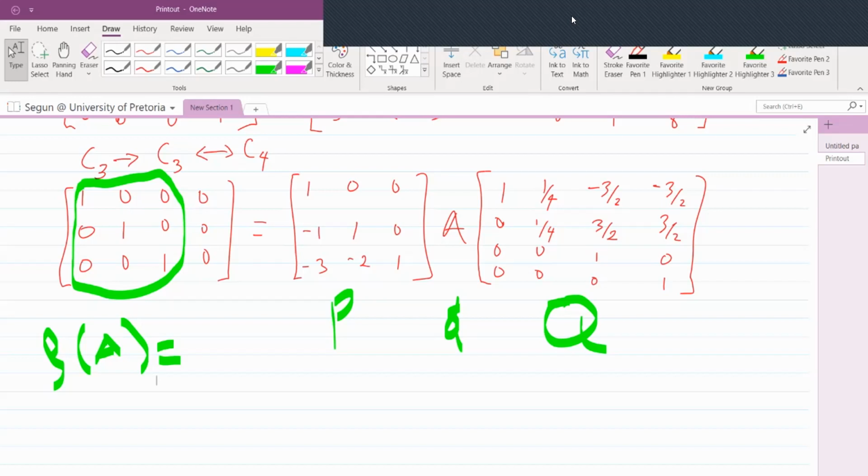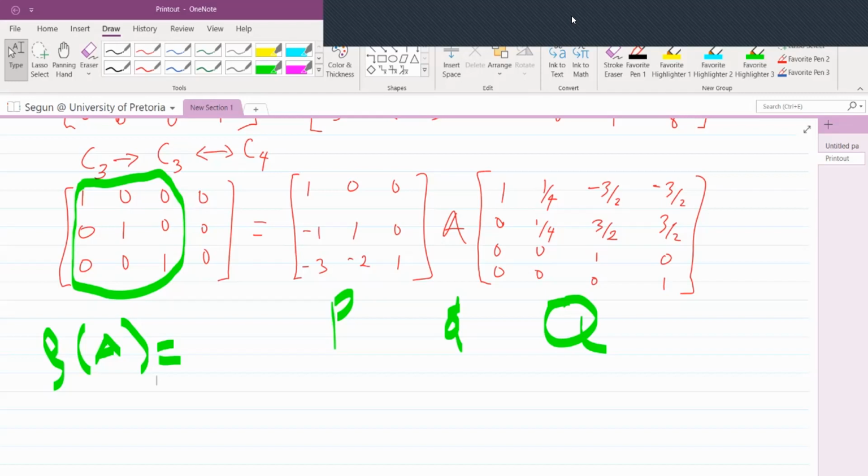Let me ask another person. The man that said it is 0, please tell us. It's because there's no non-zero row. All of them are 0, right? No, it's not all of them that are 0.